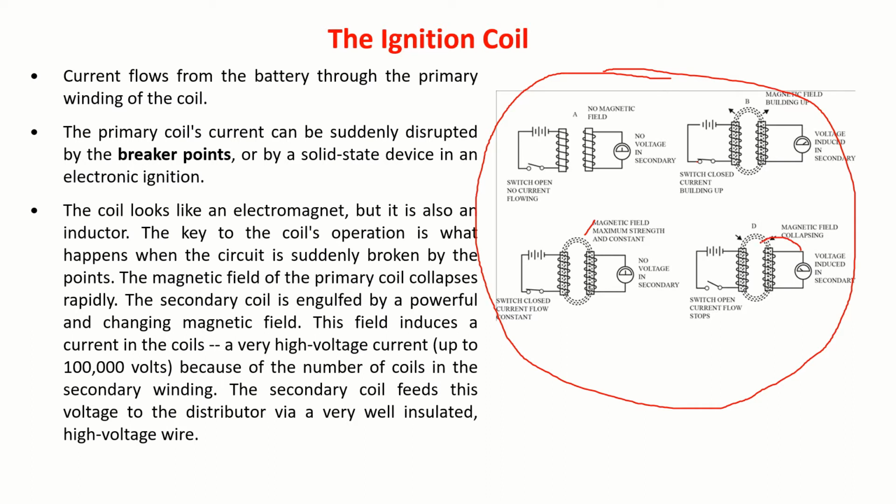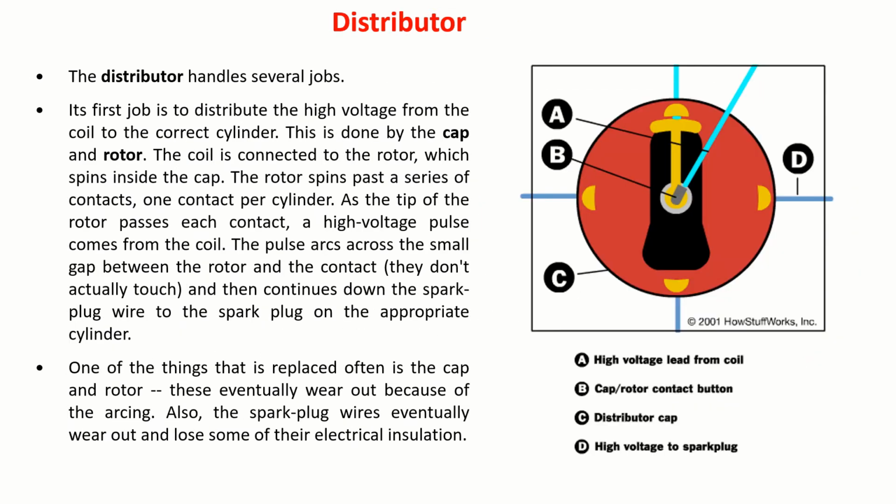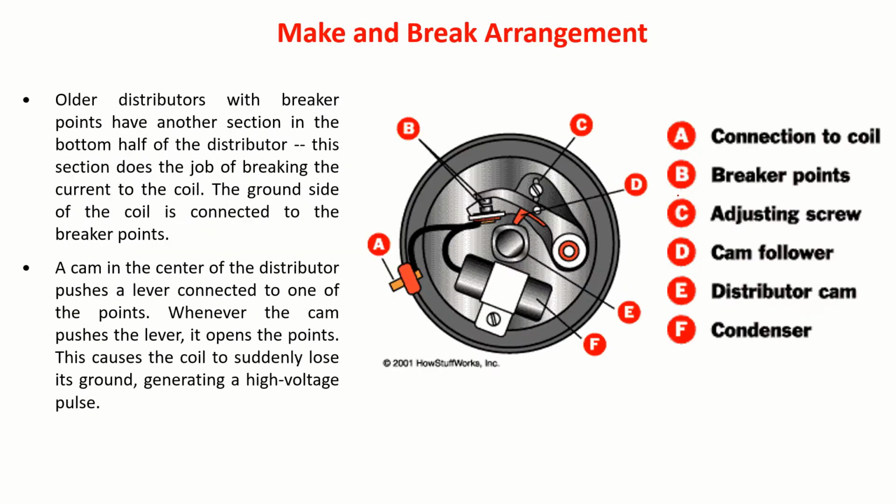That's how a very high voltage gets induced in the secondary coil. To open this switch, we use these breaker points, which open and close. That is the idea behind this. I also explained the distributor arm, how it distributes the spark. This is the contact breaker point. That's what exactly it does.